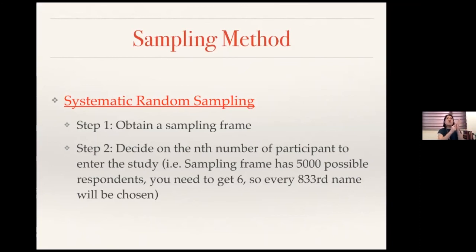So kakount ako from number 1. Tapos count ako, number 833, siya yung number 2 ko. Then another 833, then that's my number 3. Another 833, ganon. No? So, or you can do it parang, pag mas maraming kailangan mo, every 10th name, siya yung pupuntahan mo. Every 20th name, ganon. No? So, that's systematic random sampling.